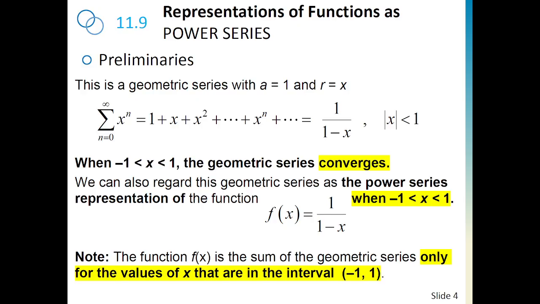Those are two separate creatures, if you will, and they coincide on the interval -1, 1. Outside of that, this series is divergent and it has nothing to do with the function. The function exists normally without the series. Everybody lives its own life separately, but on the interval -1, 1, they are superposed. They are equal to each other.